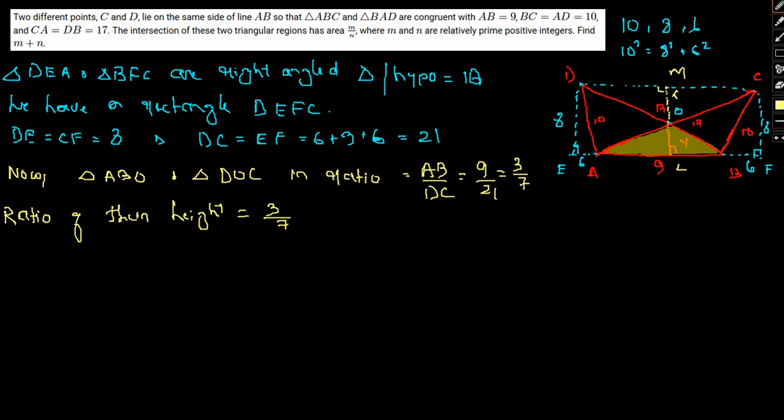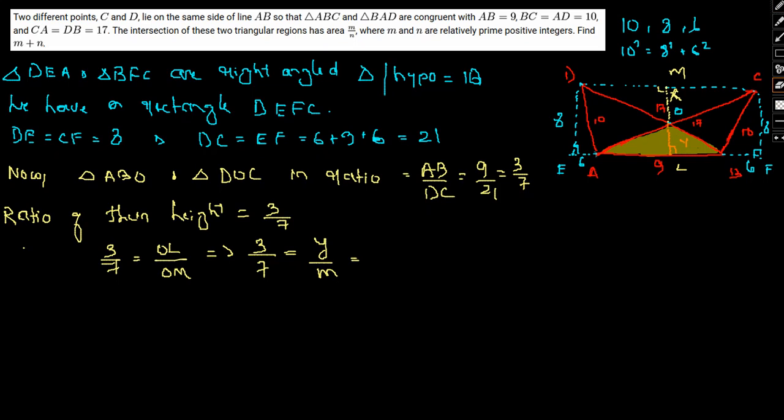So here again 3 by 7 will be the height of this one, say OL, and this will be OM. Okay, so OL being Y, this one is X.